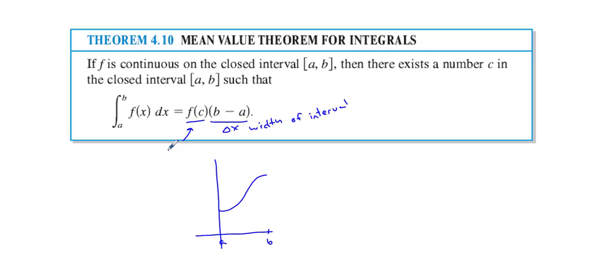F of c is a height. This is the height times width, right? What does that create then? Area of what? What figure? Rectangle, yeah. Well, not necessarily a square because we don't know if these are the same. Okay. So they're saying this area under the curve can be expressed as some height times the width.